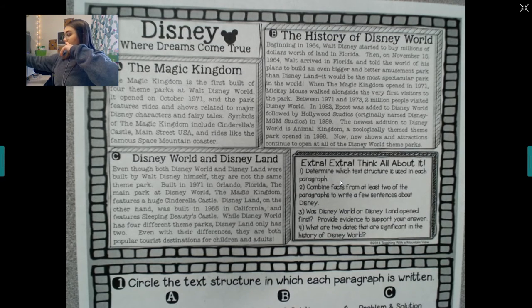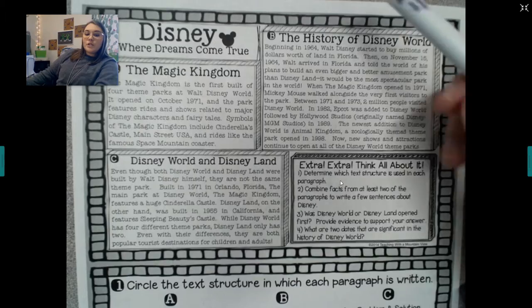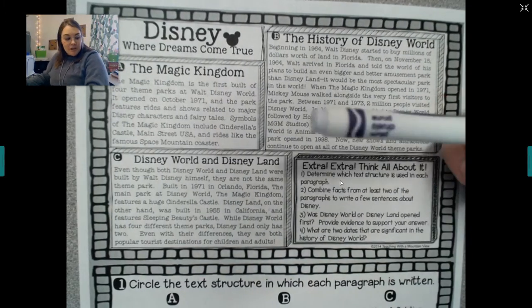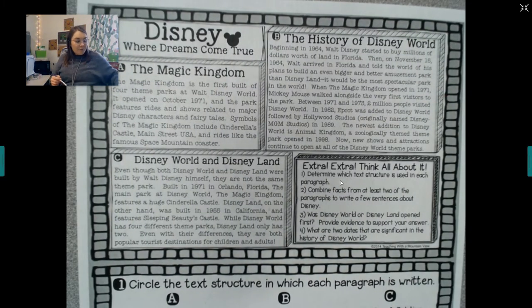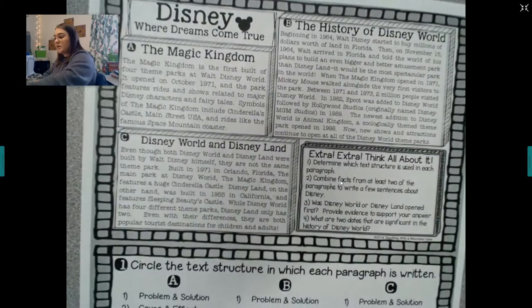He used 3 different authors' purpose for each paragraph. So this is paragraph A, B, and C. And we are going to read A, B, and C, and each of them, like I just said, has a different text structure. And let's see if you can figure out which one is which. And remember, we are only focusing on description, compare and contrast, and chronological sequence.